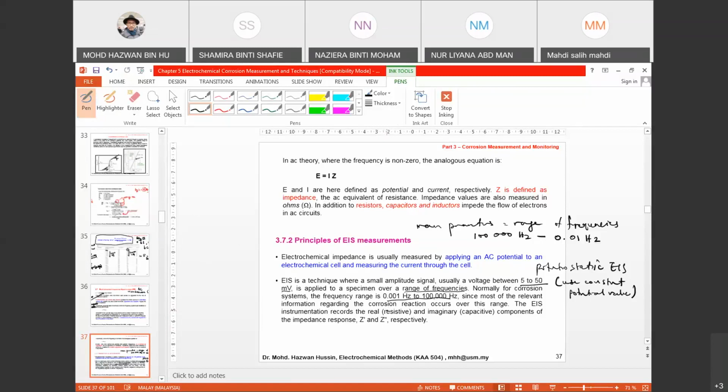But for EIS, at different frequency, you get a response of Z real and also Z imaginary. So Z prime is the real impedance, and Z double prime is basically the imaginary impedance.